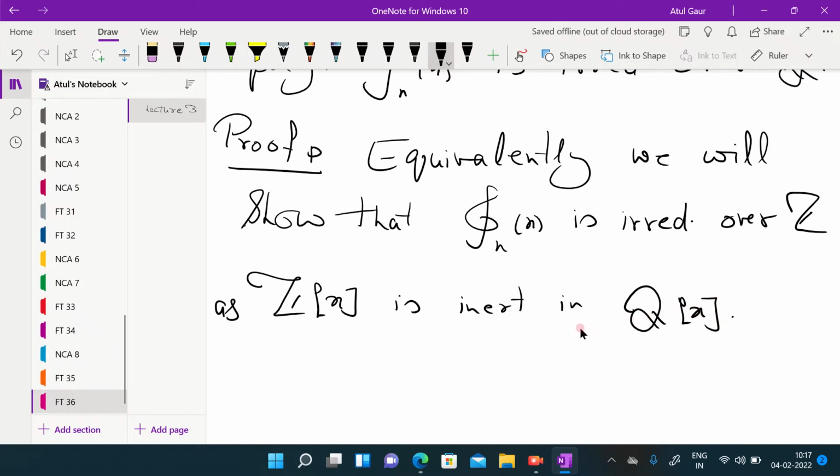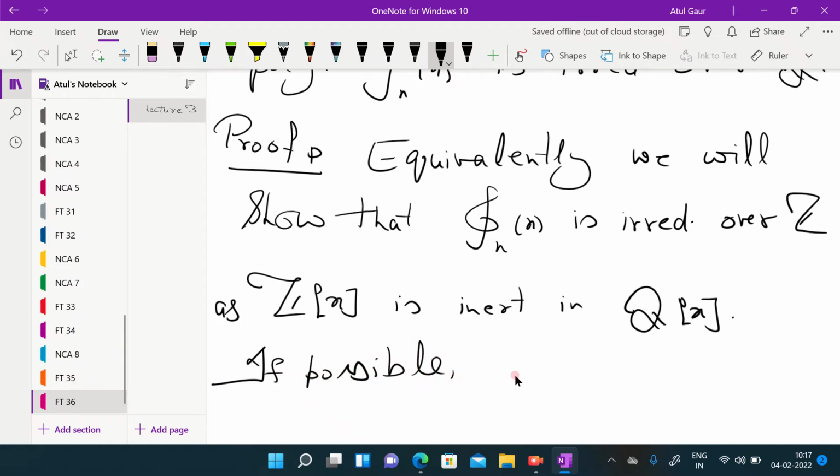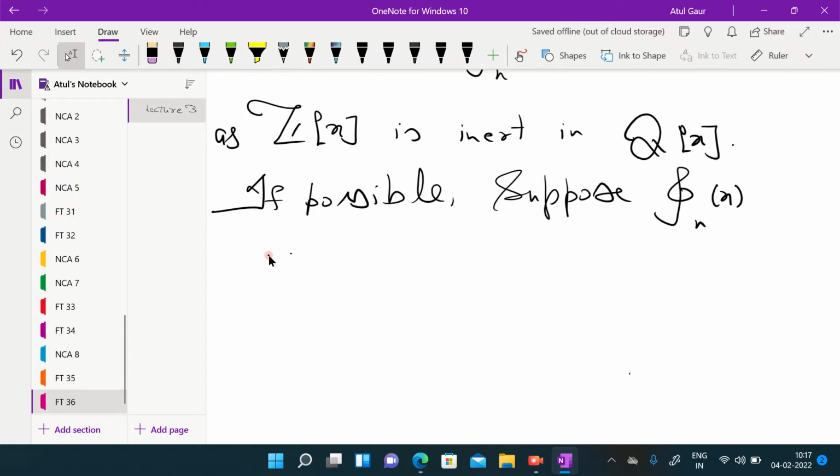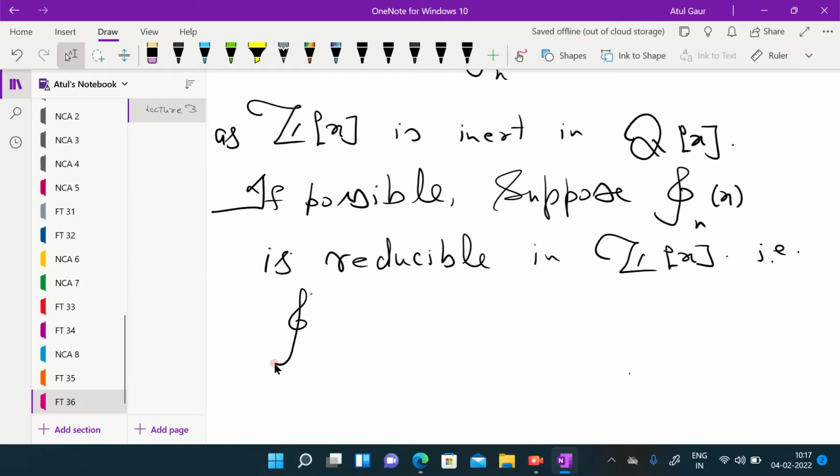So suppose it is reducible over Z. That is, Φn(x) is reducible in Z[x], so you can write Φn(x) as f(x) times g(x).